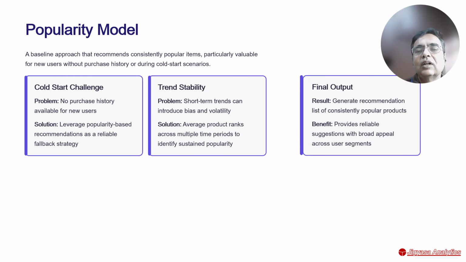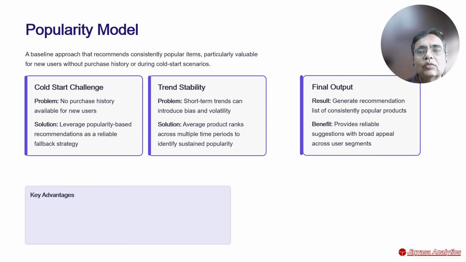And so the final output, of course, will be to generate this recommendation. And the benefit of this is it is very lightweight to implement, and works across a lot of situations where it would not be possible to generate recommendations.